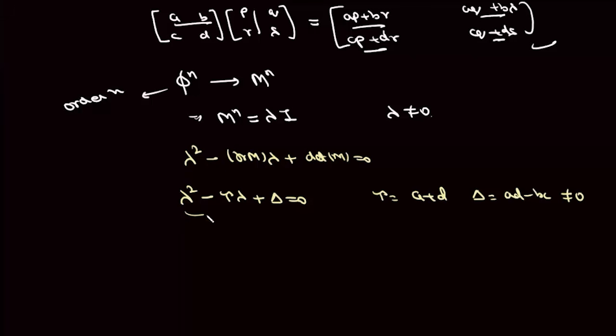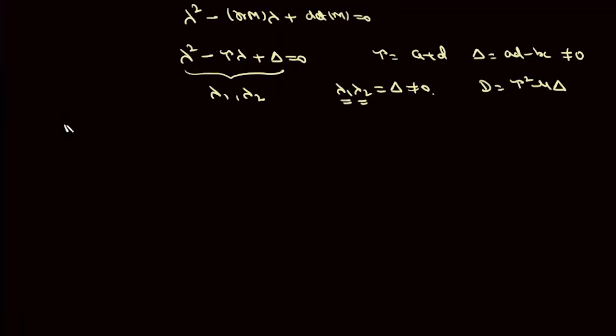Now this characteristic equation has two eigenvalues, lambda 1 and lambda 2, and since lambda 1 into lambda 2 is equal to delta, which is unequal to 0, both these eigenvalues are non-zero, and its discriminant is tau square minus 4 delta.